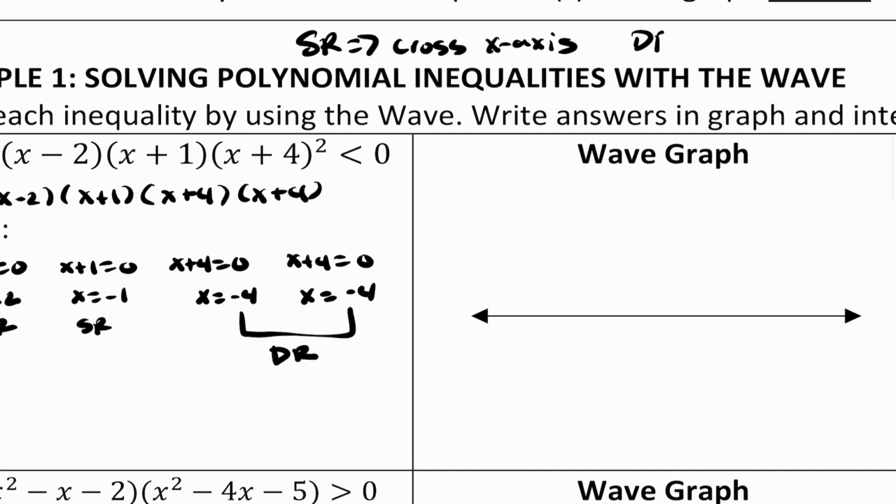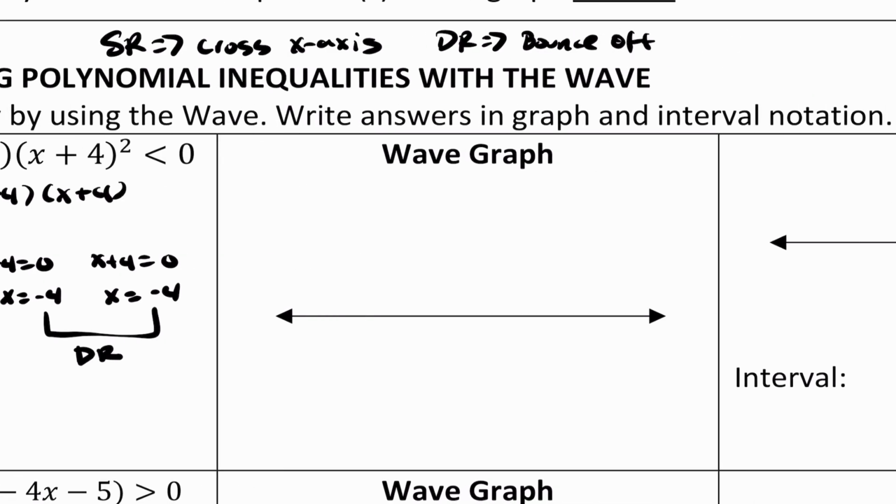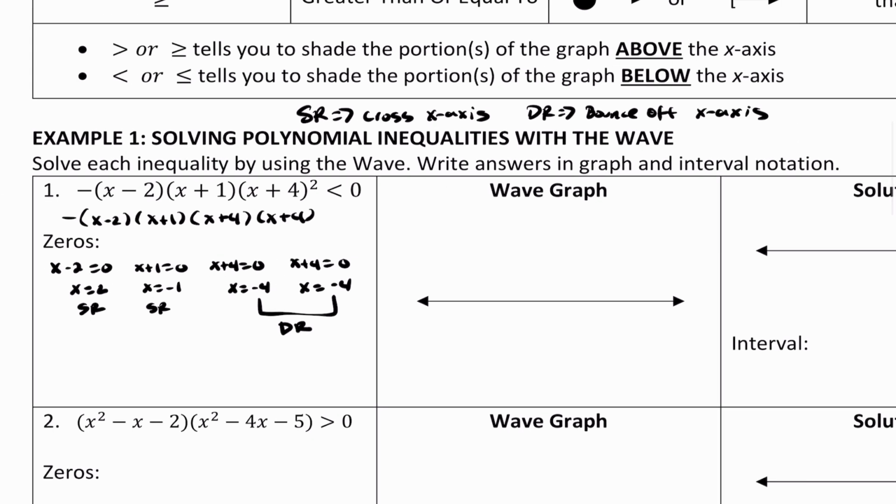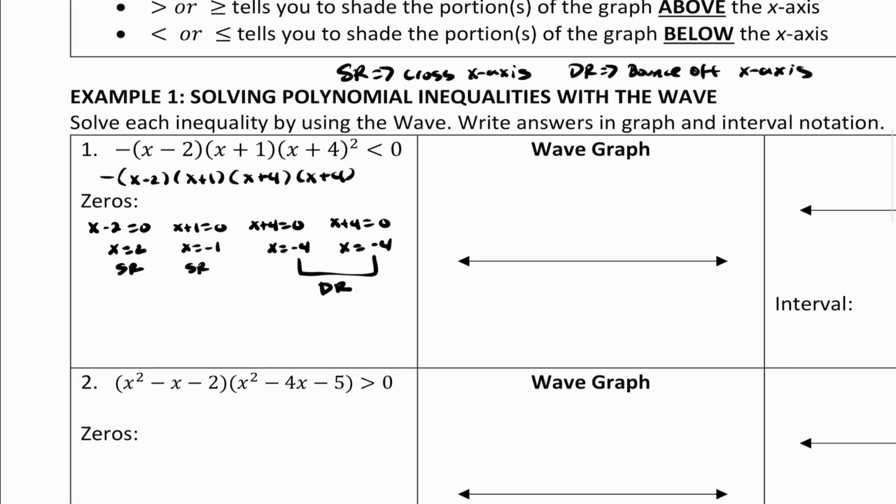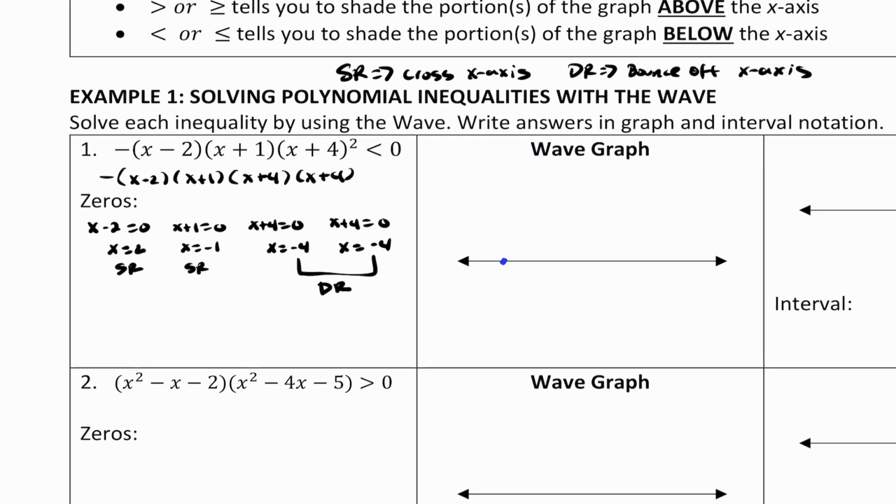And with my double roots, we bounce off the x-axis. Okay? So I'm going to go ahead and plot my points on the x-axis.